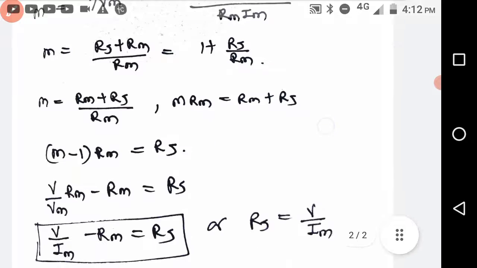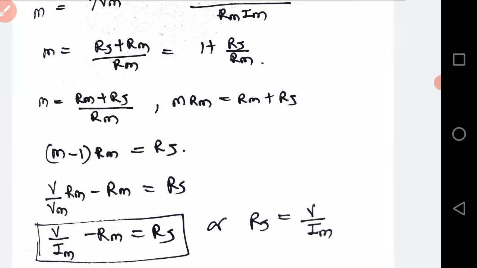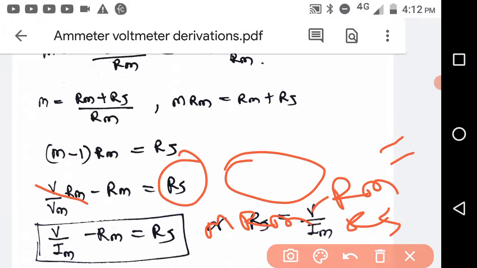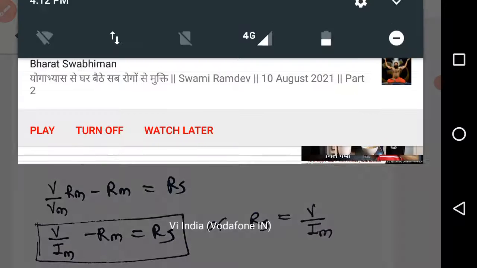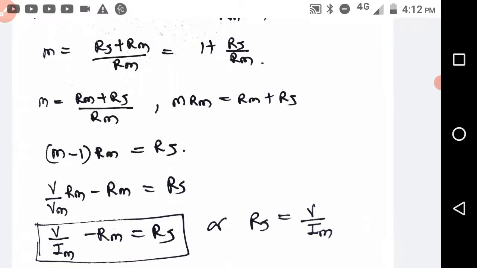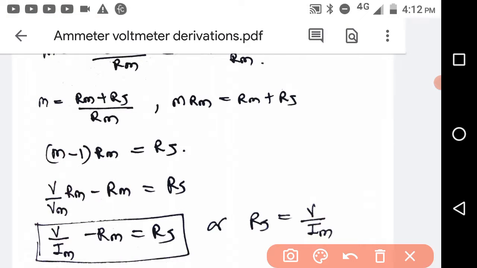M RM minus RM is equal to RS. So RS is equal to M minus 1 times RM. If you write M is equal to V by Vm, into RM minus RM, here we have multiplied with RM. Vm by RM is Im, so you will get V by Im minus RM is equal to RS.